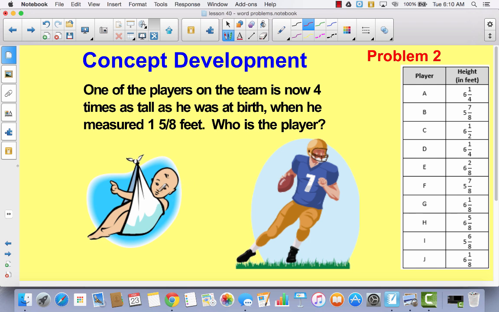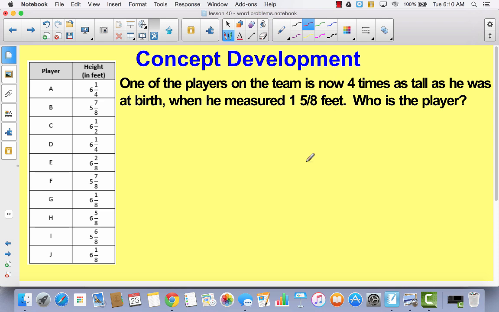One of the players on the team is now 4 times as tall as he was at birth when he measured 1 and 5/8 feet. Who is the player? Okay, so what can we draw here? Well, we can start by drawing how tall the player was at birth.